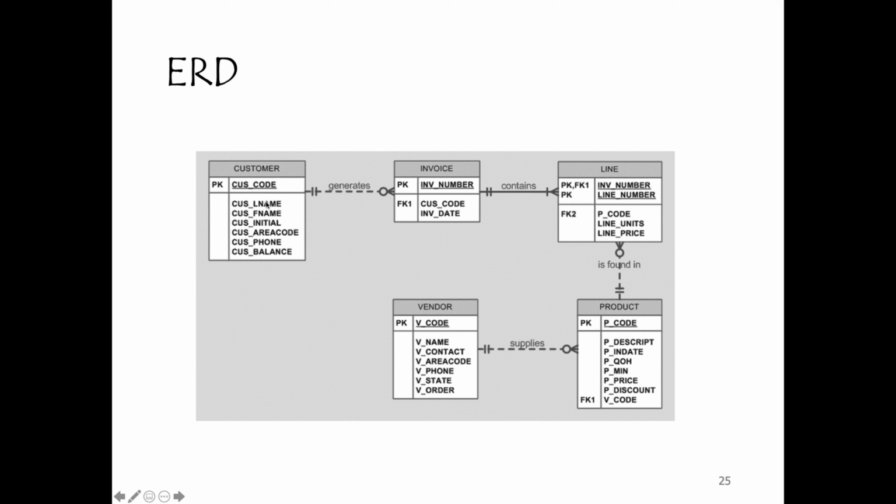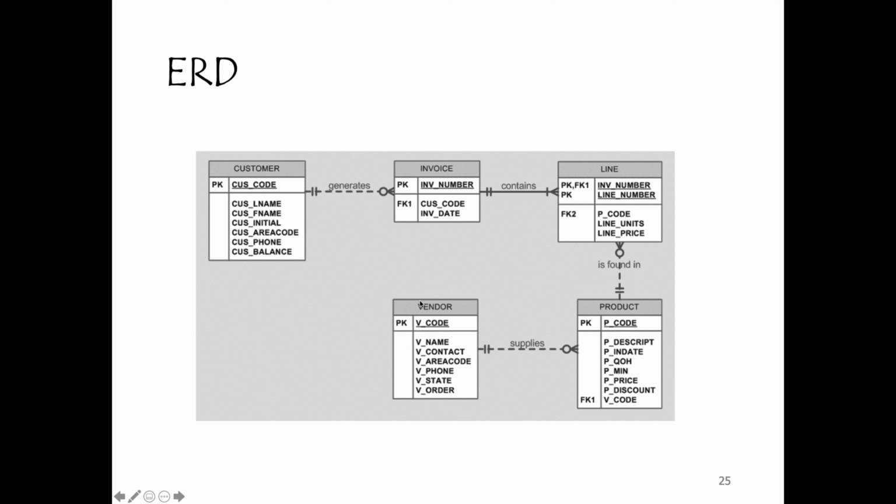When there is a general relationship between two entities, like one-to-many, or sometimes we use the terms parent and child, the parent table must be created first, then you can create a child table. How about customer and vendor? Which one must you create first? Actually, it doesn't matter in this case.